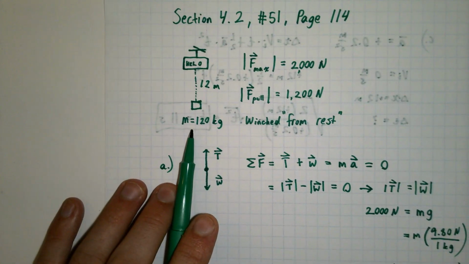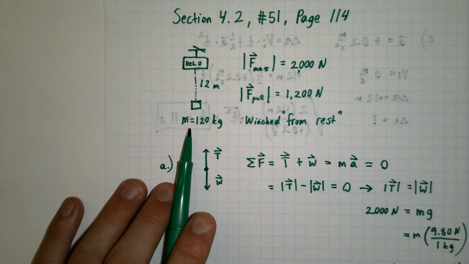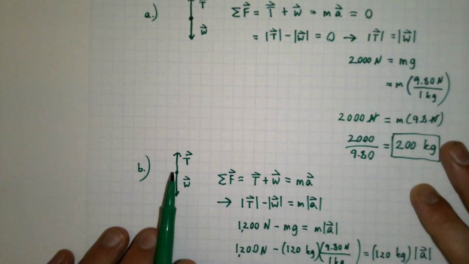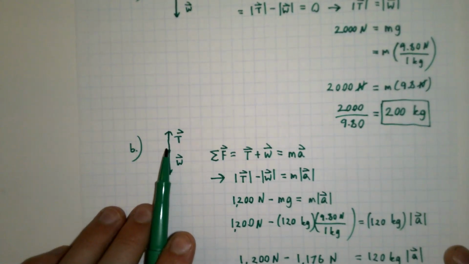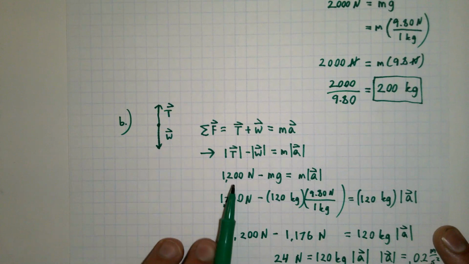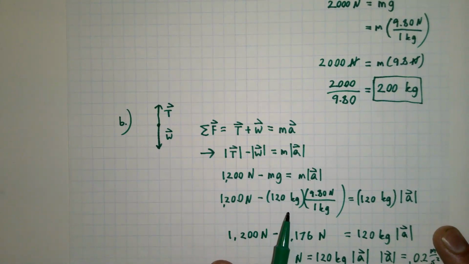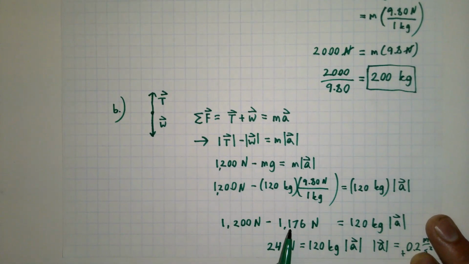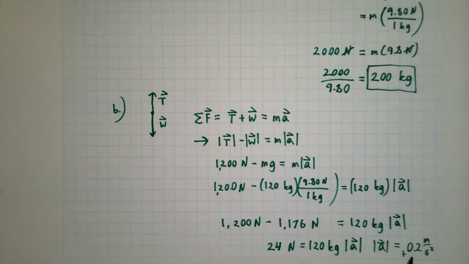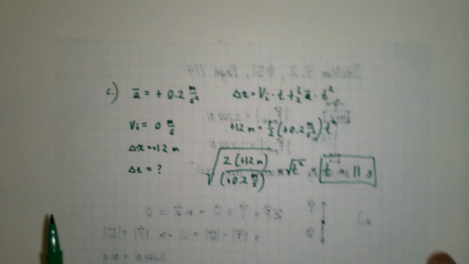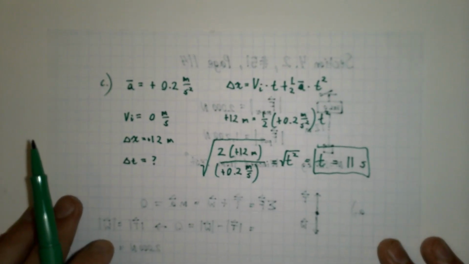Applying it directly to our problem of the 120 kilogram rescuer and victim, if the cable applies a force of 1,200 newtons that counteracts the force due to the weight, which was 1,176 newtons, the acceleration of the rescuer and of the victim would be positive 0.2 meters per second squared, upwards.